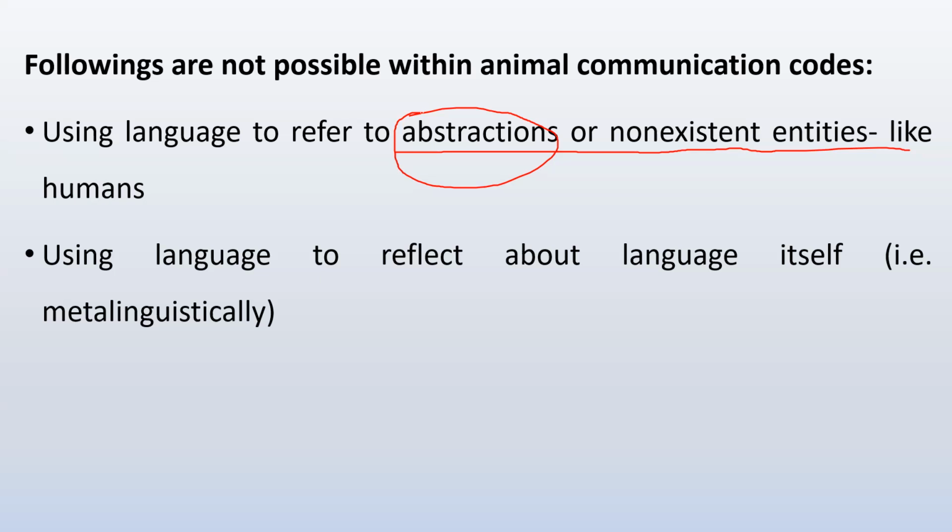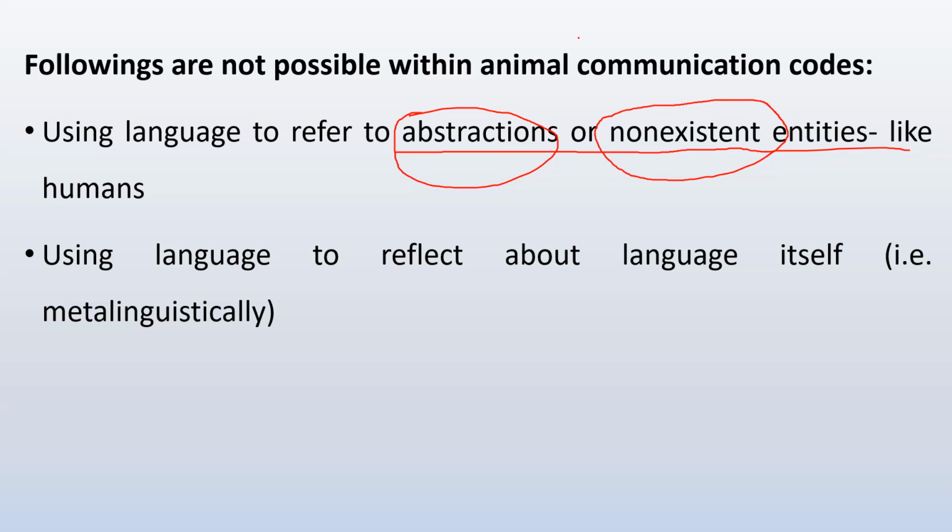So animals do not use language to refer to any of these things, to abstractions or even to non-existent entities. What are examples of non-existent entities? If you are interested, you can think of some examples, things that are really not existing in this world, but we human beings are talking about them.